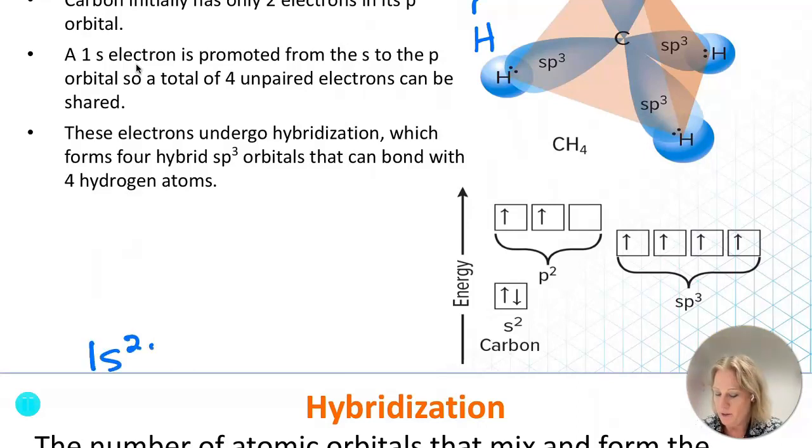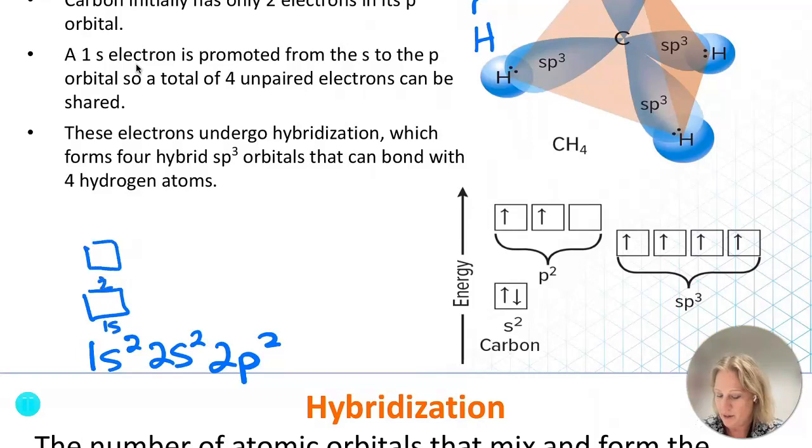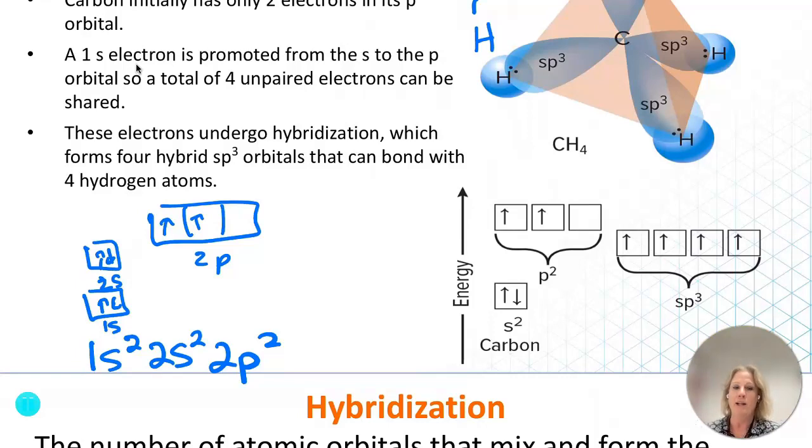So carbon is 1s2, 2s2, 2p2. If we were going to draw the orbital diagram, we would have the 1s, the 2s, and the 2p with a little bit more energy. And if we do that, this is what carbon looks like. But this hybridization only occurs when it's going to bond.